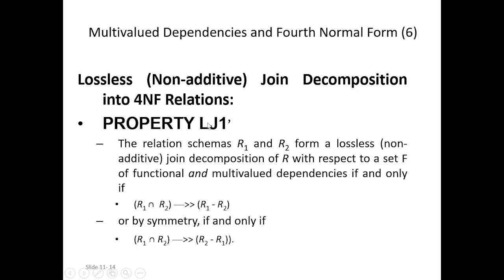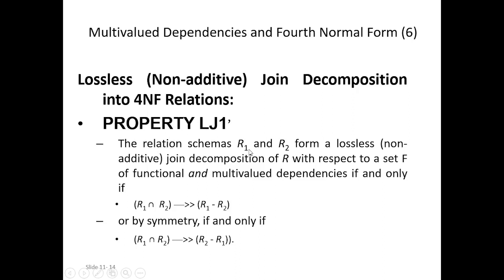And we can satisfy this lossless non-additive join decomposition property. Okay, lossless join property. So it is a lossless non-additive join decomposition into 4NF relations. Okay, so that is a property, lossless join property, property LJ1.